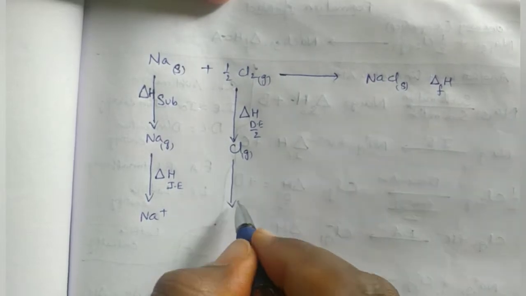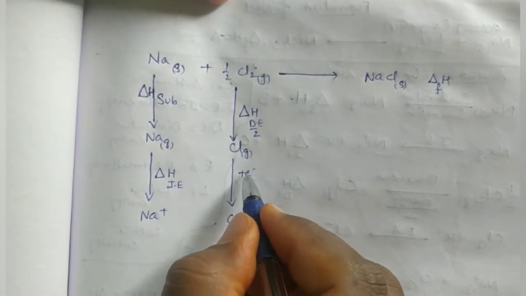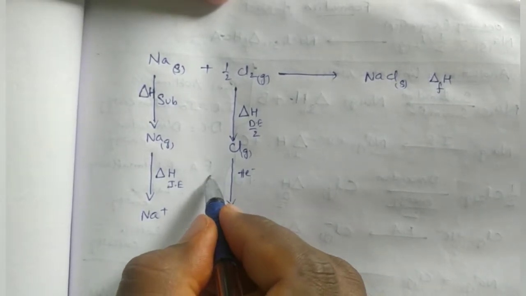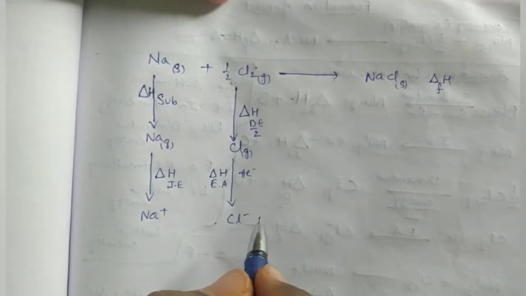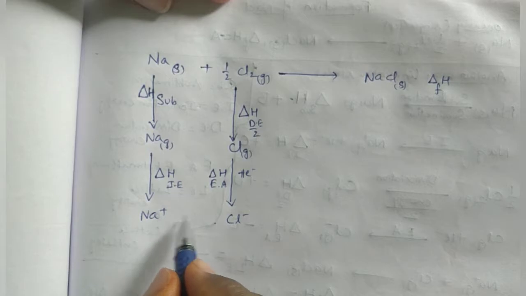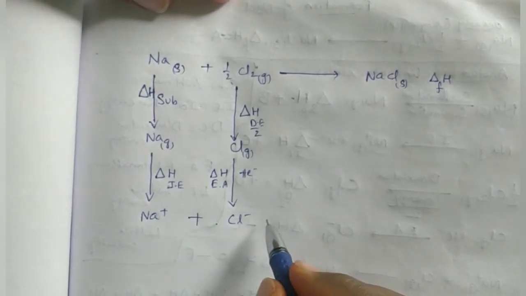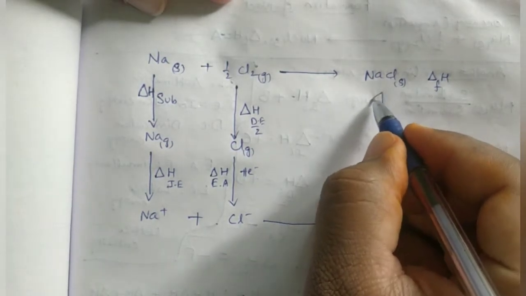Chlorine gas is converted to Cl minus by gaining 1 electron, that is called delta H Ea, electron affinity. Na plus and Cl minus are combined to form NaCl.